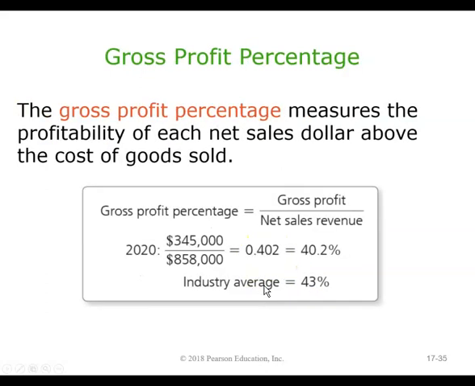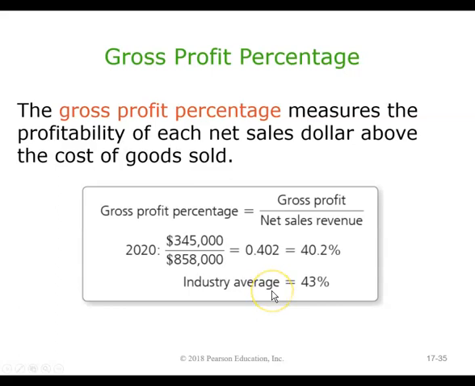All right, gross profit percentage is very helpful. It's going to measure the profitability of each net sales dollar above the cost of goods sold. So you're going to put gross profit as your numerator. All right, and everybody stop and think about, where do you find gross profit? Remember, gross profit is sales minus cost of goods sold equals gross profit.